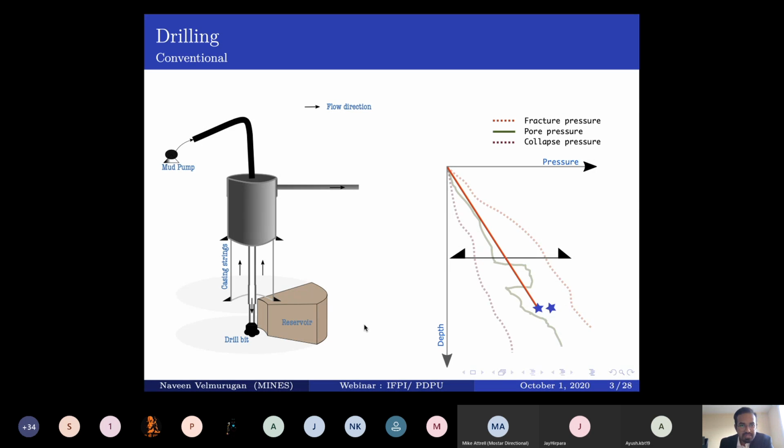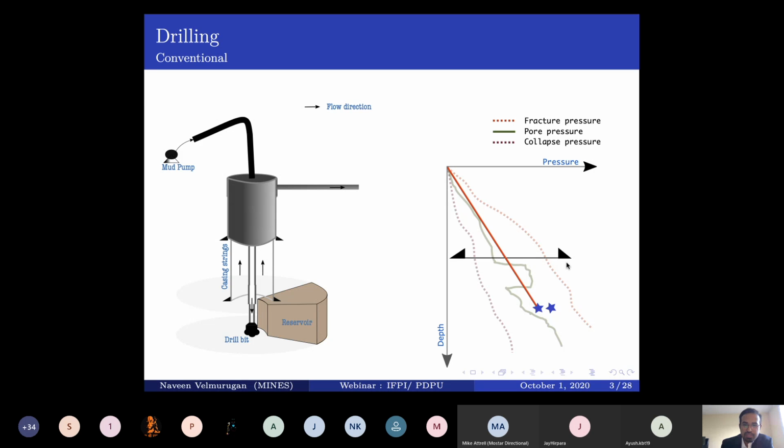Now, given that we have certain constraints, let us look at the pressure profile of the drilling mud inside the wellbore. You can see in the background that your drilling mud weight, the density, is matching your pore pressure or slightly higher than that. And if you leave it open, then you're going to fracture this.